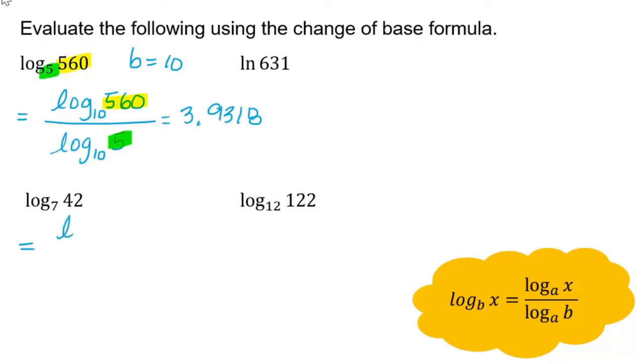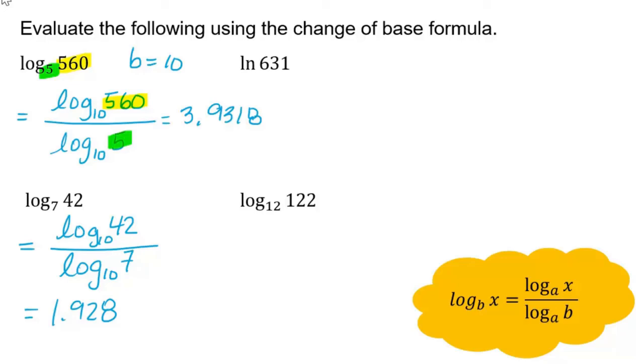So instead, I'll take the logarithm of 42, the original quantity we're asked to take the logarithm of, to the base 10, and divide it by the logarithm of our old base, the 7, also to the base 10. Drop that into your calculator, and you find that log 42 divided by log 7 is 1.928, or just a little shy of 2.